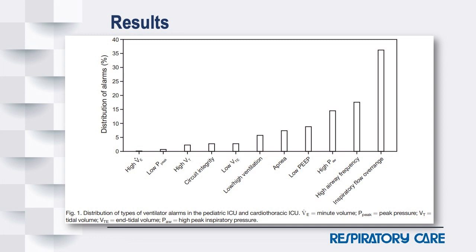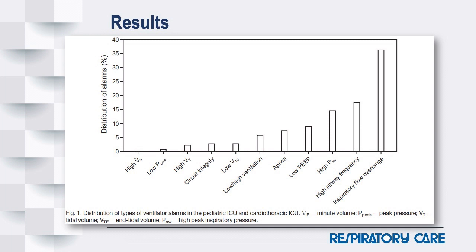In fact, if you look at the last four bars, by my calculation, the low PEEP, high airway pressure, high frequency, and the inspiratory flow over range, you've got 80% of your alarms represented by four unique alarms. And like we said, the three most common are actually 69% of the alarms. So several alarms are very, very heavily contributing to the alarm burden.